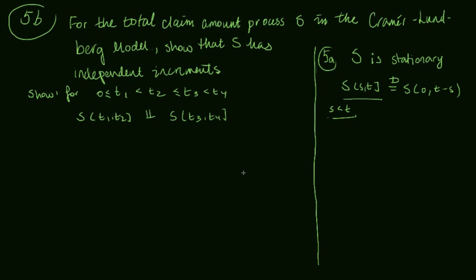Now this is pretty hard because we don't really know that much about the distribution as such of S. It can be pretty tricky to show this using just distribution functions. So we're going to borrow a trick from the realm of characteristic functions.